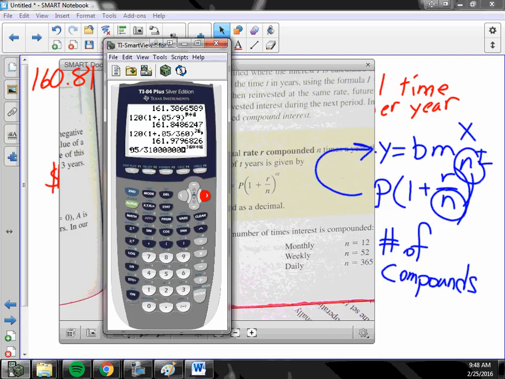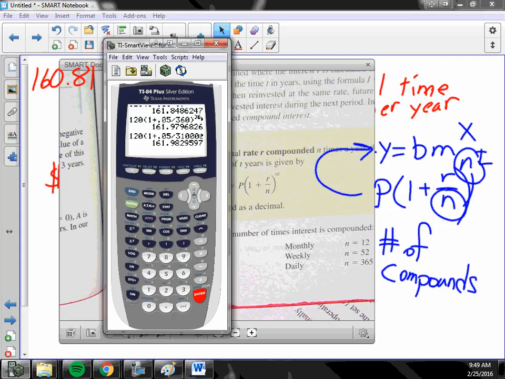Oops. So parenthesis 31 times 6. It's really not going to go up that much. No, it's 0.3 cents. So the difference between daily and every second is very, very small.